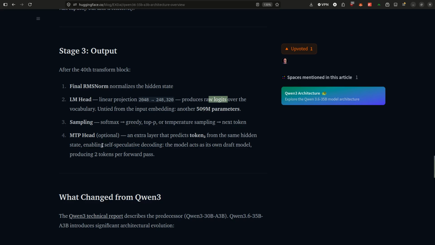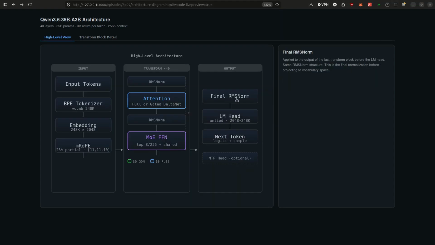So let's go over this one more time on the diagram before stopping. The final RMS norm is just a normalization that's applied, and whatever came out of this, your query has gone through all these calculations and popped out as a new set of vectors, is then passed to this head where it finally projects odds for every single token in the vocabulary space, saying most likely, these are the odds that it's A, these are the odds that it's B, these are the odds that it's C, these are the odds that it's cat, these are the odds that it's dog, and it just produces it for literally every single token.